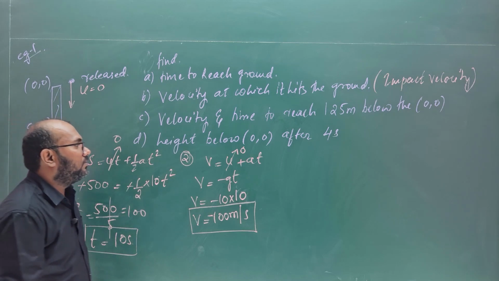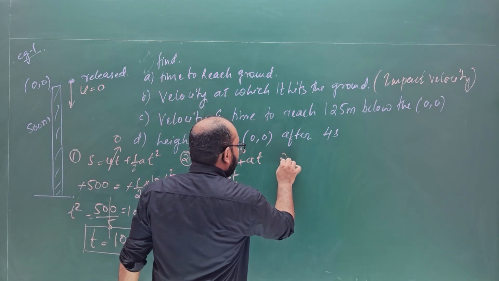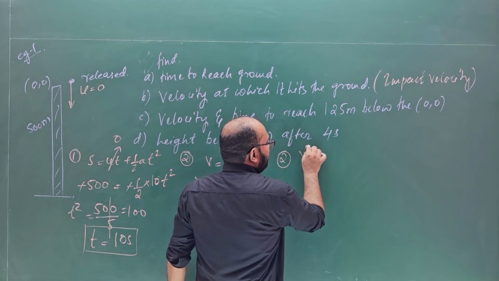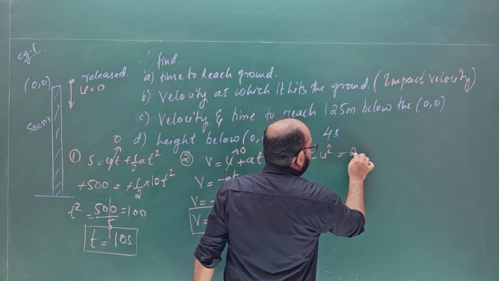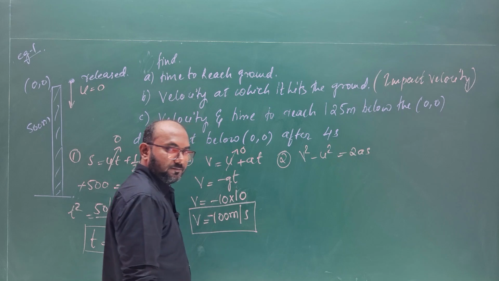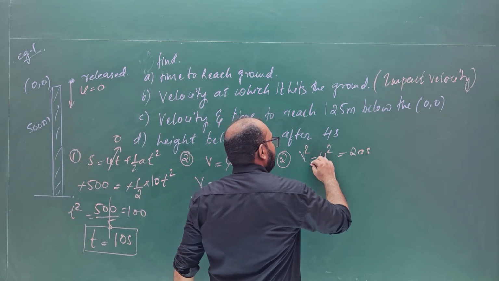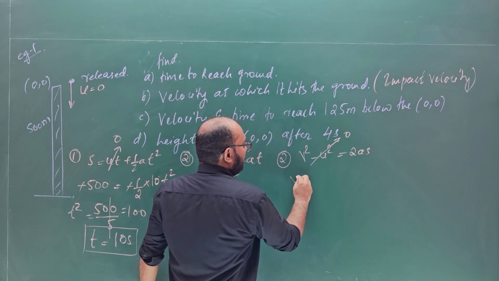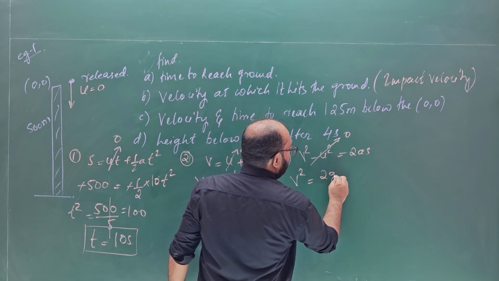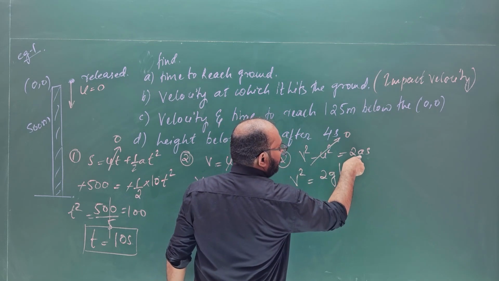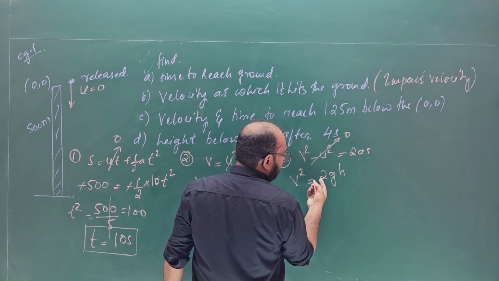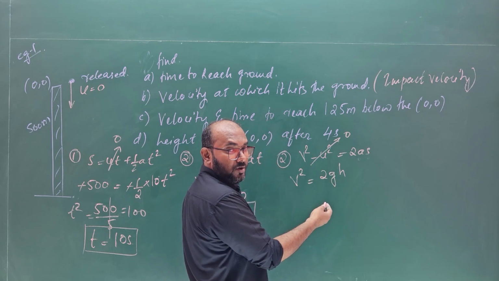Okay, if I want to calculate with height, again I am using v squared minus u squared equals 2as. Initial velocity is 0 again. So v squared equals 2gh. H is negative, sorry, g is negative, so negative and negative get cancelled and it becomes positive.